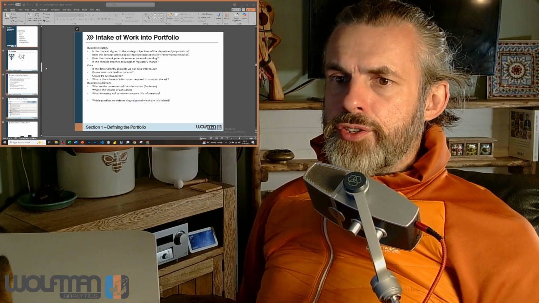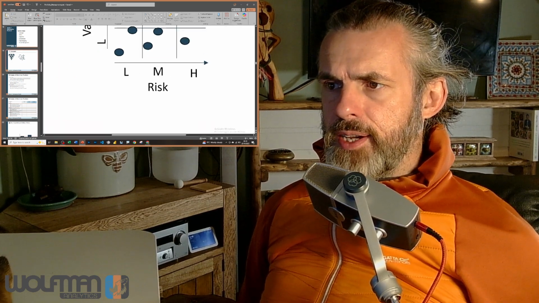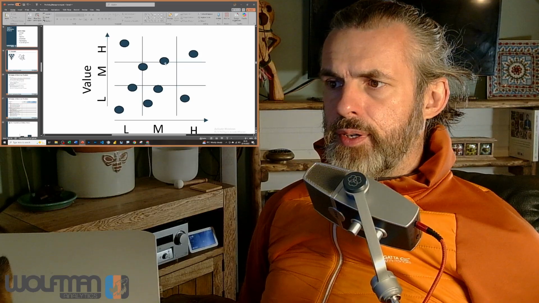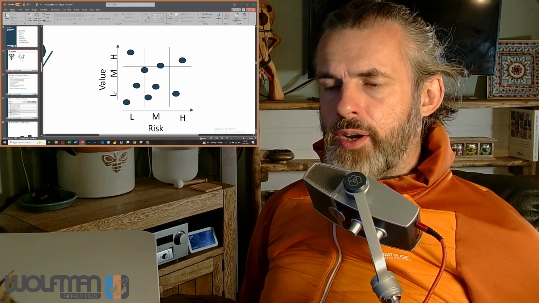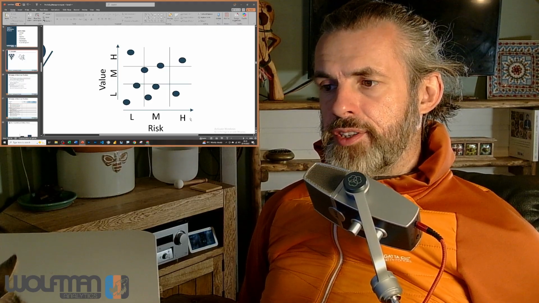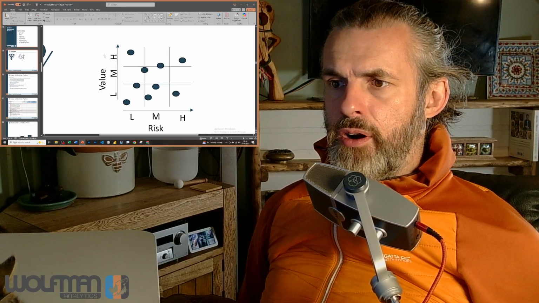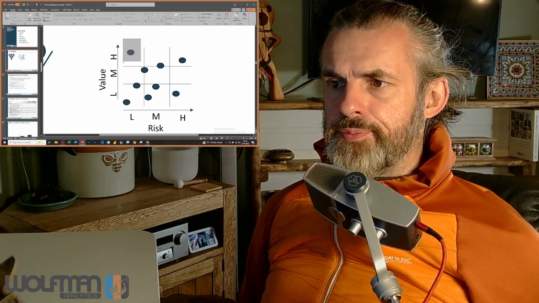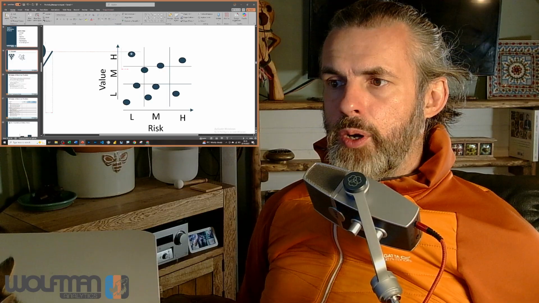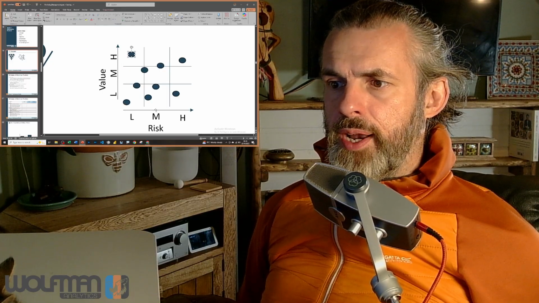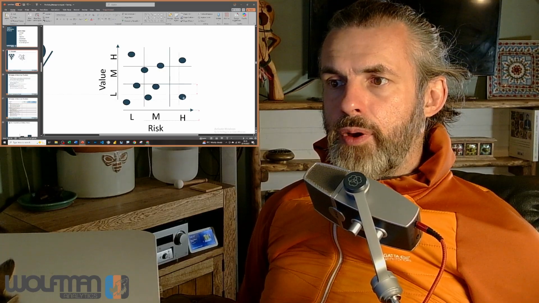So just going back to this chart that we put together yesterday, where we've got value on the x-axis and risk on the y, something that's a high value item but low risk would be more favorable than a low value high risk item.